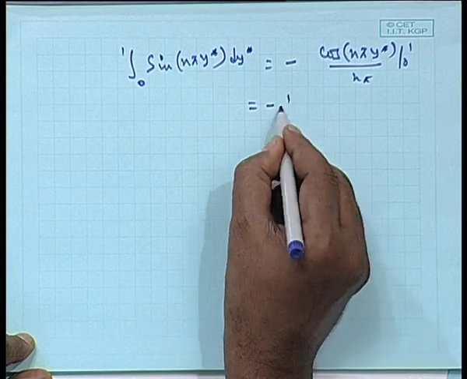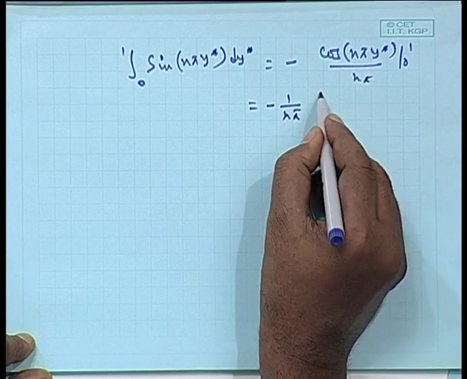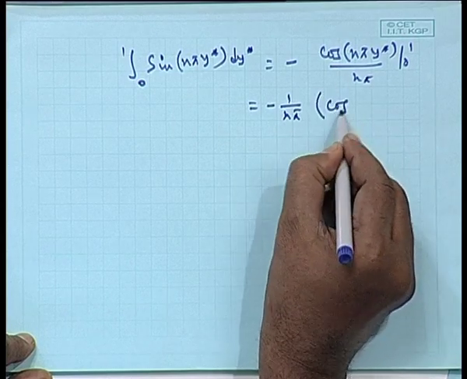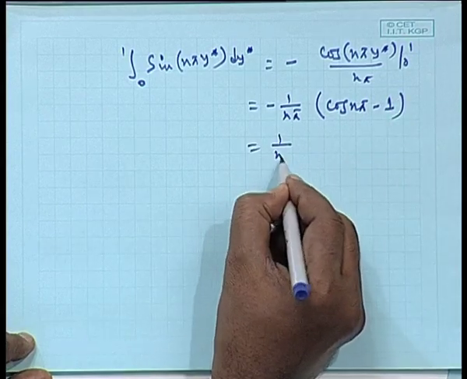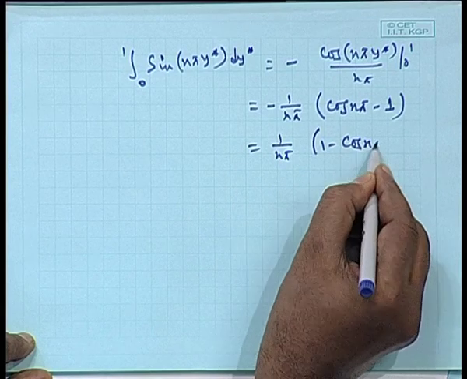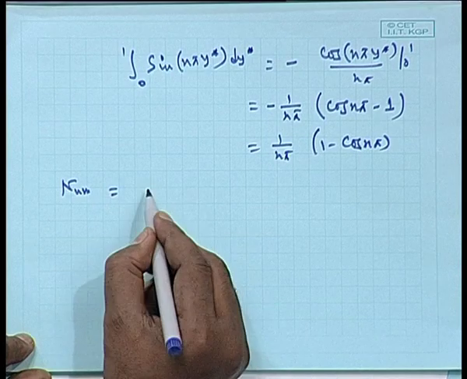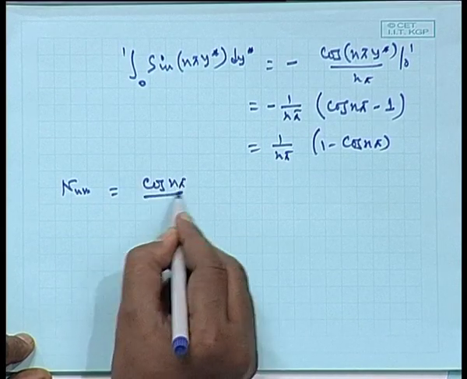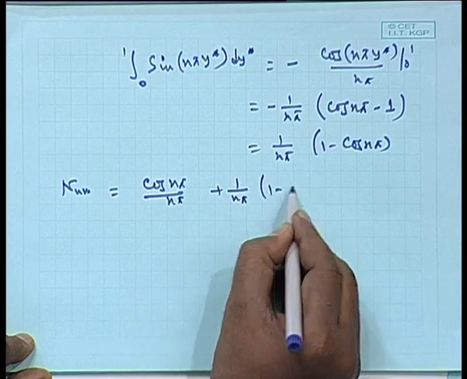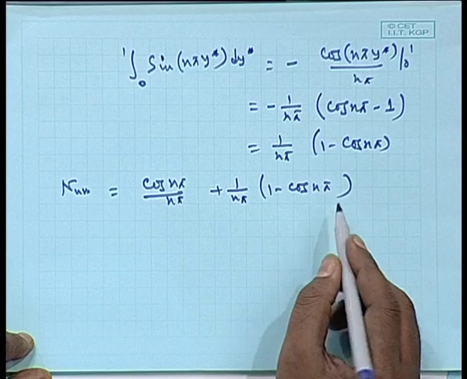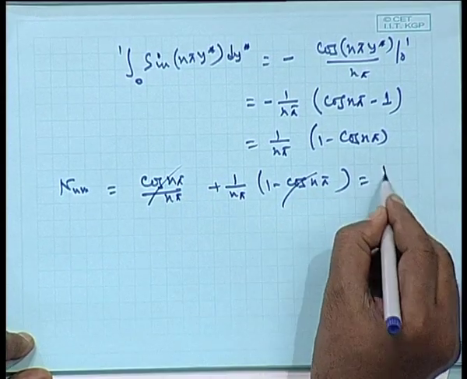So, minus 1 over n pi times cosine n pi minus 1. So, it will be 1 over n pi times 1 minus cos n pi. So, what is the numerator? Numerator is the summation of these two. So, cosine n pi over n pi plus 1 over n pi times 1 minus cosine n pi, right. So, this cosine n pi will be cancelled out. So, what is left behind is 1 over n pi.